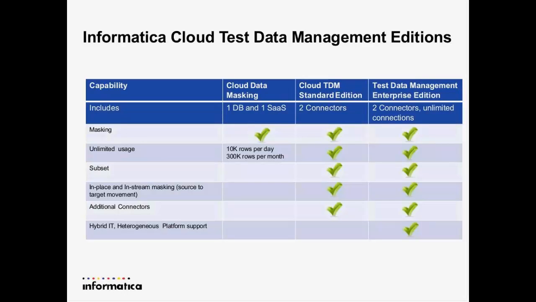The Cloud Test Data Management Standard Edition also includes subset. It includes not only in-place masking, but what Jay showed, which was in-stream masking. So as soon as you want to go from a source to a different target, you do need to subscribe to the Standard Edition. Now, again, there are a lot more capabilities available with our on-premises software.